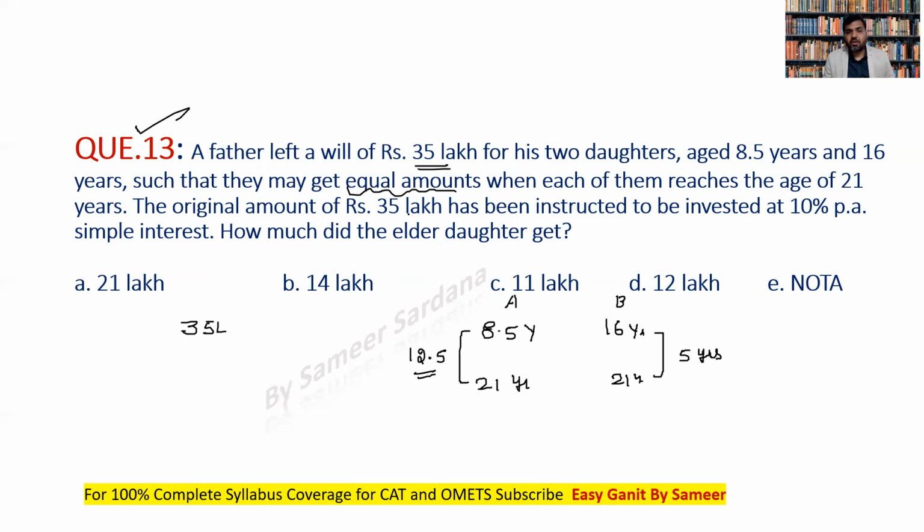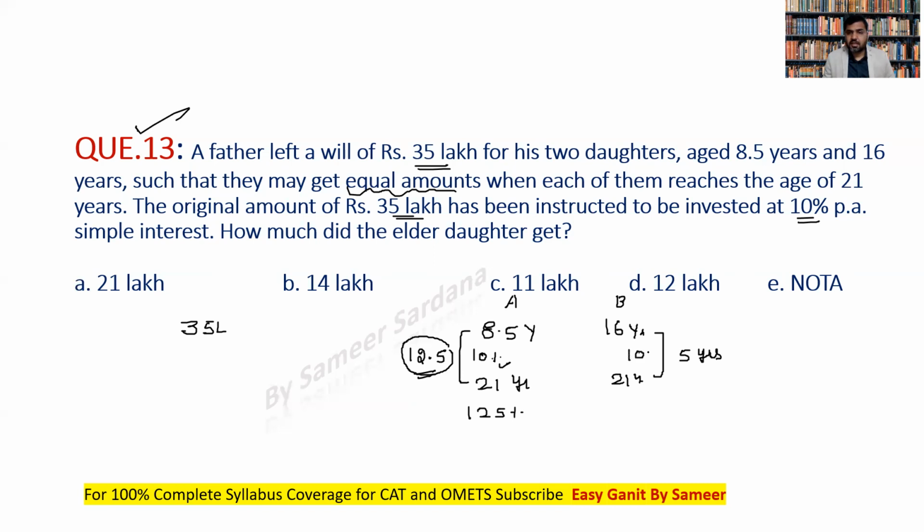Now, the original amount of 35 lakh has been instructed to be invested at 10% per annum. Now this girl will be earning 10% interest for 12.5 years, so in total, this girl will be earning 125%.